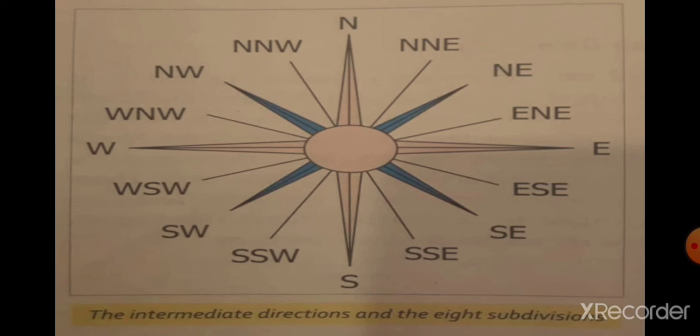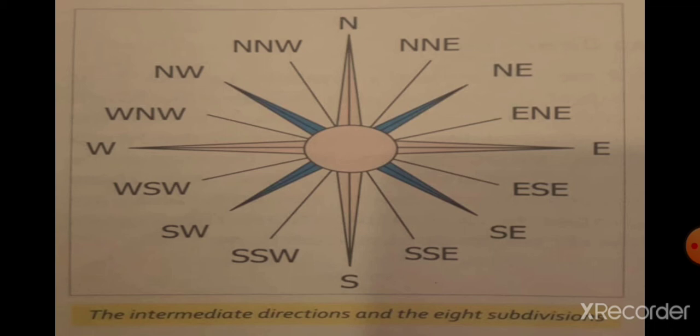For example, I want to divide north and northeast. So this will be NNE, north northeast. And suppose I say northeast and east, so between the northeast and east it will be ENE, that is east northeast. So we call them subdirections, and these subdivisions are called intermediate directions.